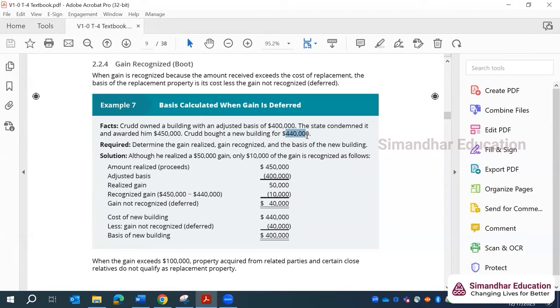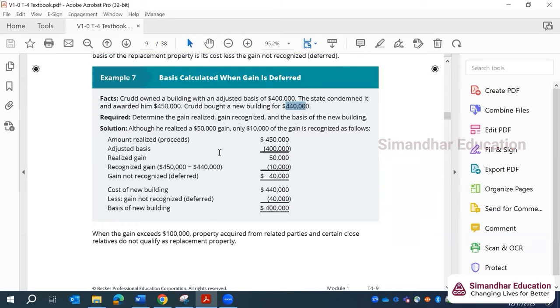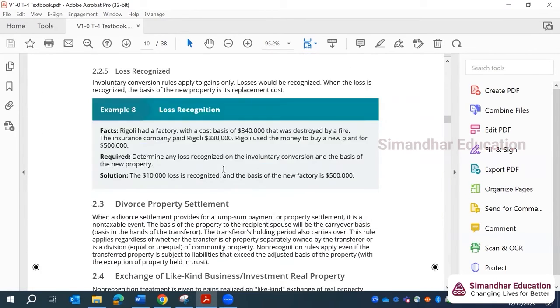So we will defer the $50,000 gain. That means we are going to reduce the basis of the new property by $50,000. So the basis of the new property from $500,000 will now be $450,000. Excellent, everyone. Thank you so much for your responses.